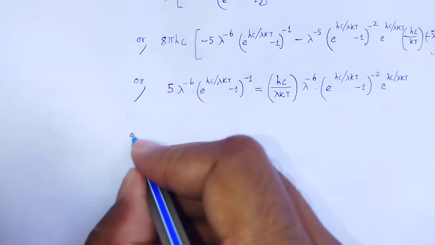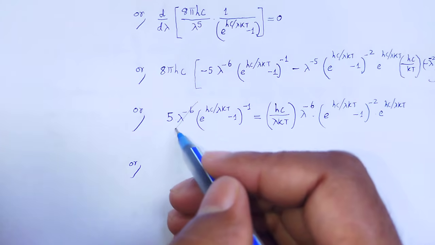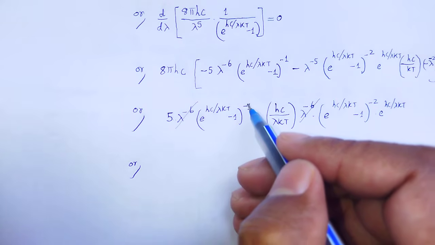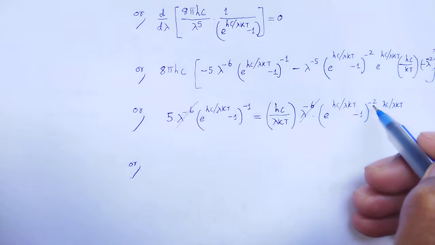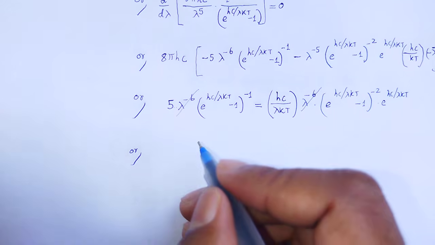On both sides lambda to the power minus 6 cancels out, and of e to the power this and e to the power that, only one exists.